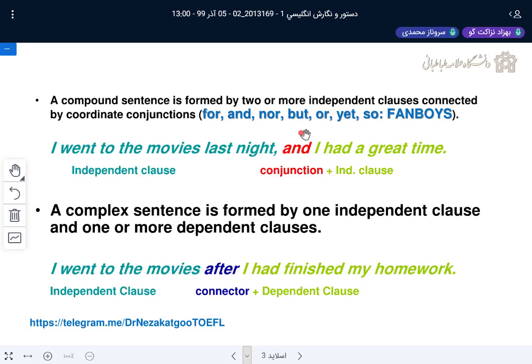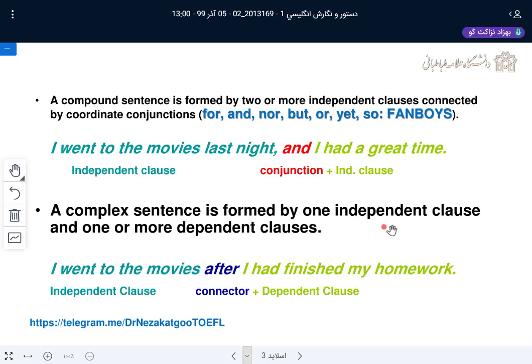I went to the movies last night; however, I didn't enjoy my time. So here, if you use however, you need to put a semicolon before that. If you put a comma, that comma again is called a comma splice. So the comma splice cannot conjoin two independent clauses with a conjunctive adverb.